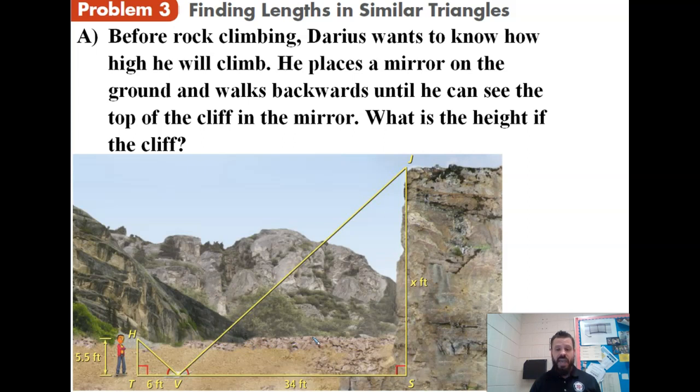So I know by angle-angle similarity these triangles are similar, therefore their sides are proportional. So what I can set up to solve here then is I can take 5.5 over 6 and set that equal to the x we don't know over the 34.